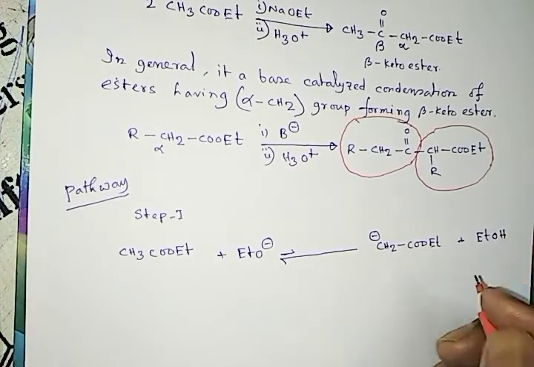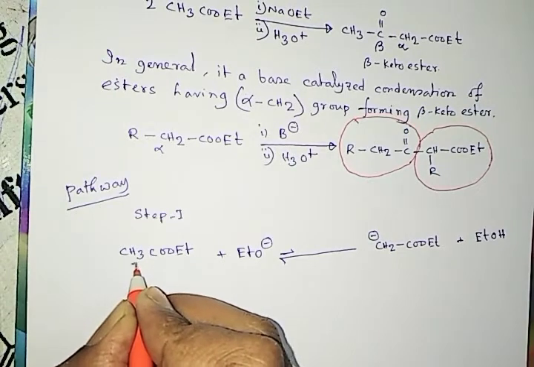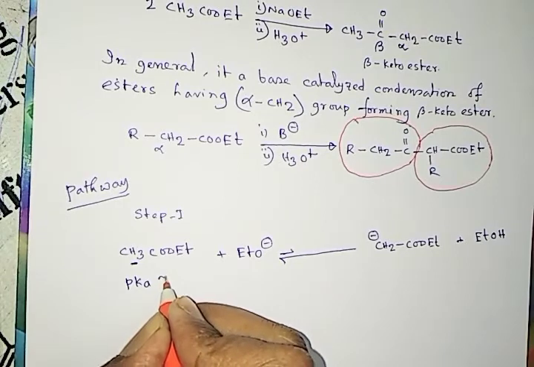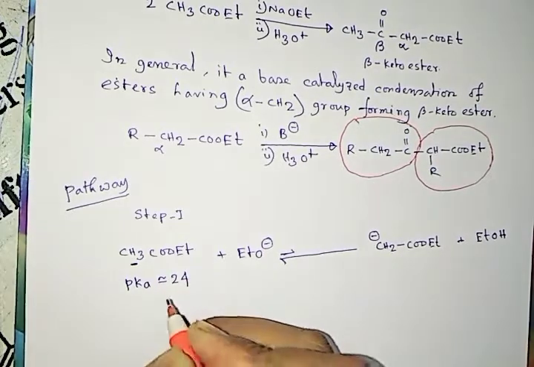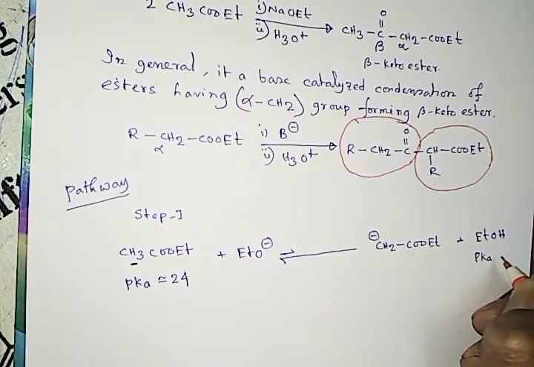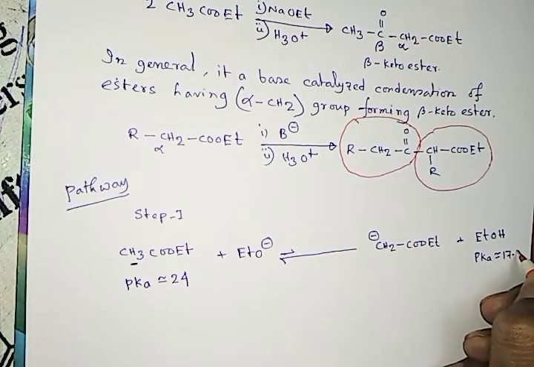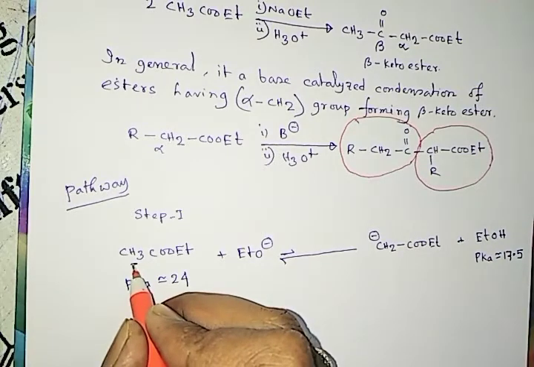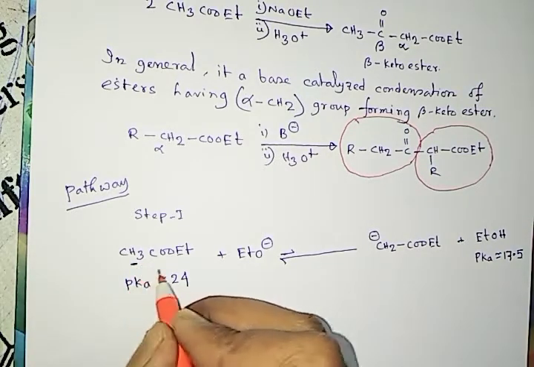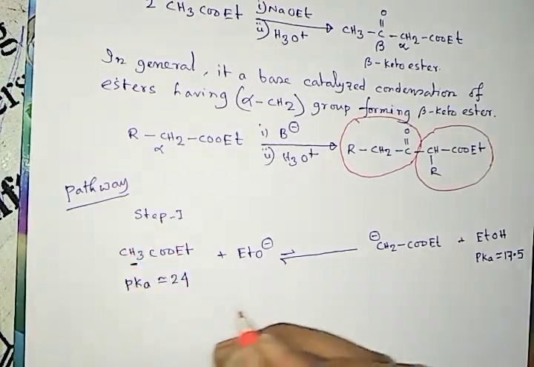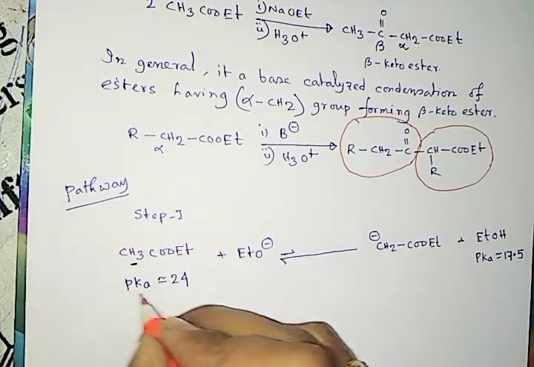Why is this so? Because this proton has a pKa of about 24, whereas ethanol has a pKa of about 17.5. Since ethanol has a lower pKa than the proton of ethyl acetate, the equilibrium remains mostly on the left side, the starting material side.